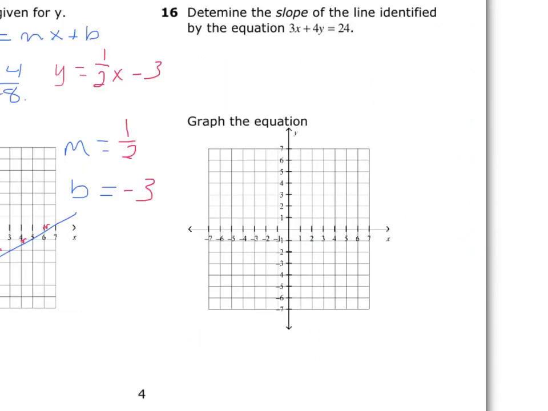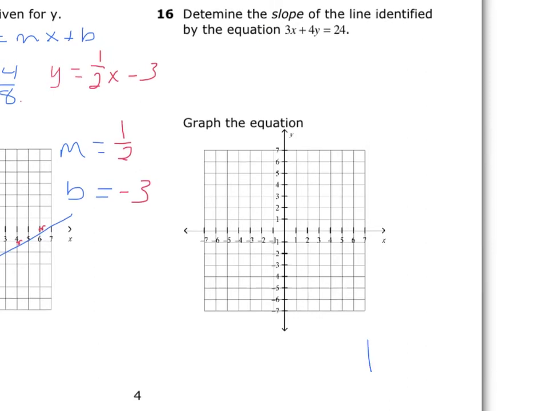16, determine the slope of the line identified by the equation 3x plus 4y equals 24. Okay, so in this one they're only asking what the slope is. So I can put this into y equals mx plus b. Split the sides, move the x's, and that gives me 4y equals -3x plus 24.